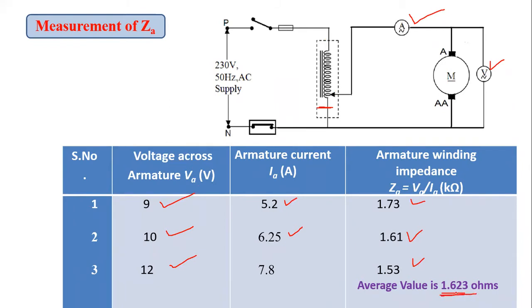So in the previous circuit we found the armature resistance, and here ZA is there. Once you know these two, you can easily identify the electrical parameters, that is RA and LA.